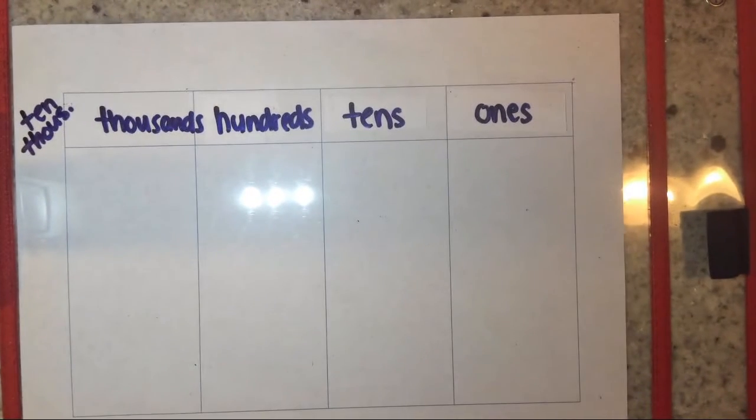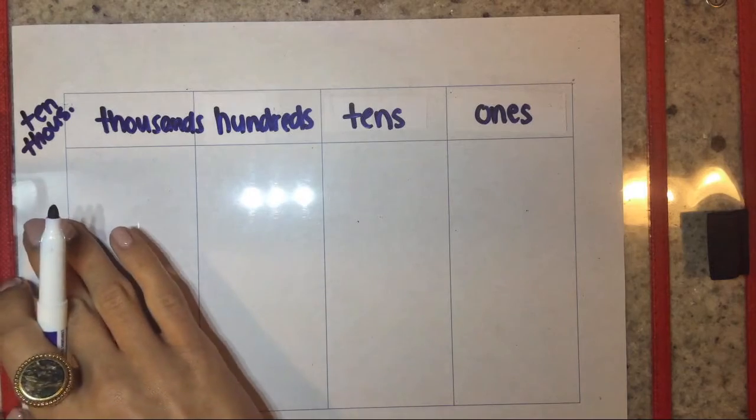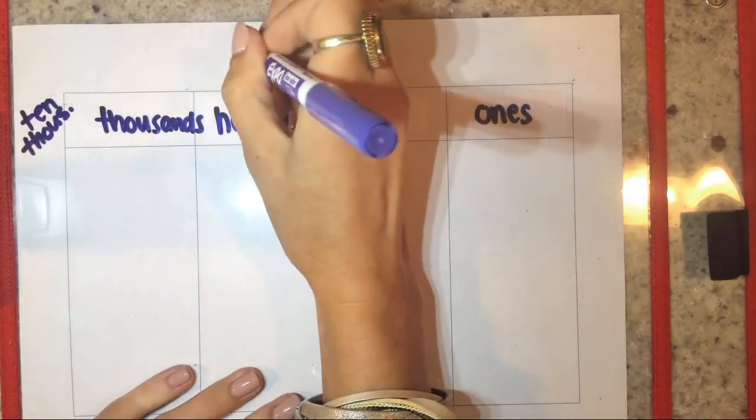There we go, 10,000s. We have our ones, our tens, our hundreds, our thousands, and our 10,000s. I am going to put the number right up here.